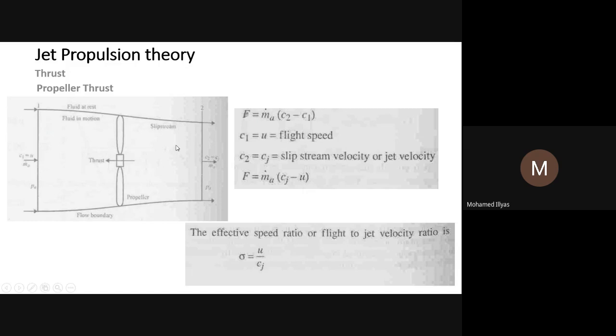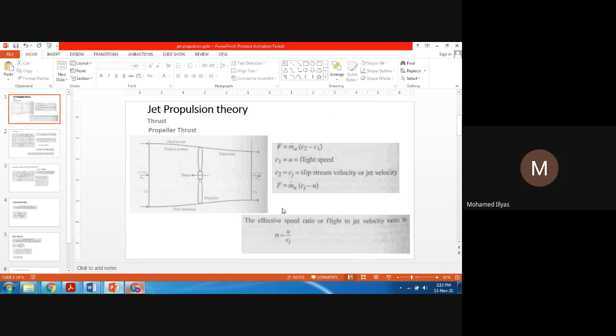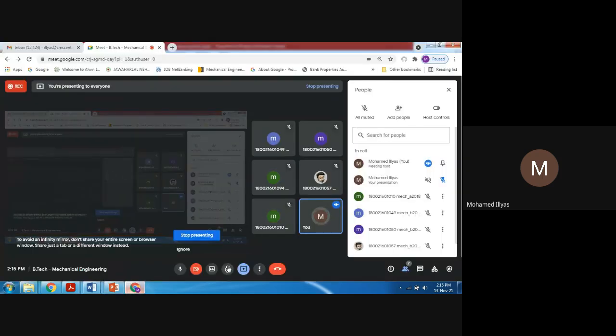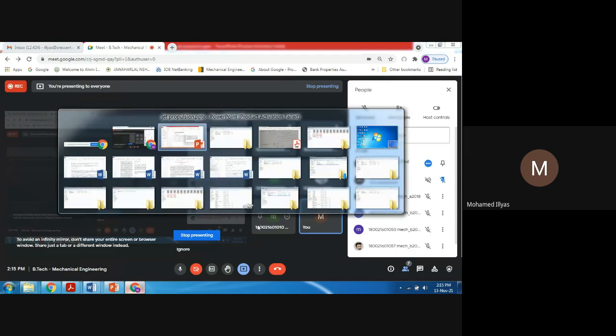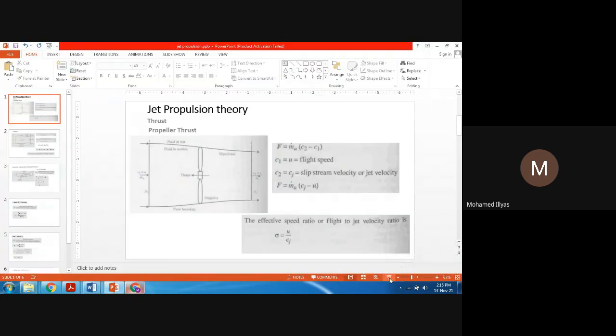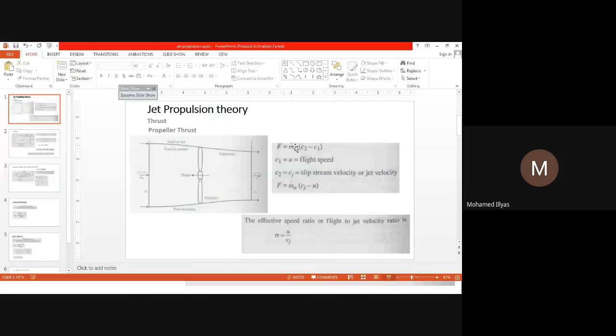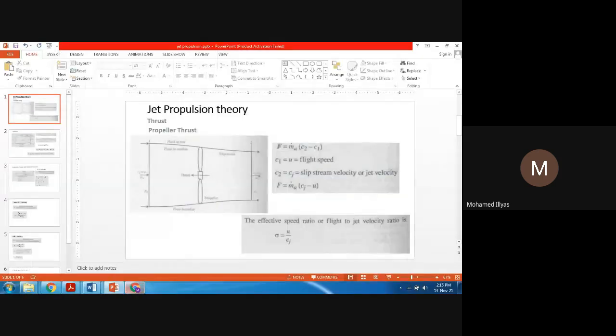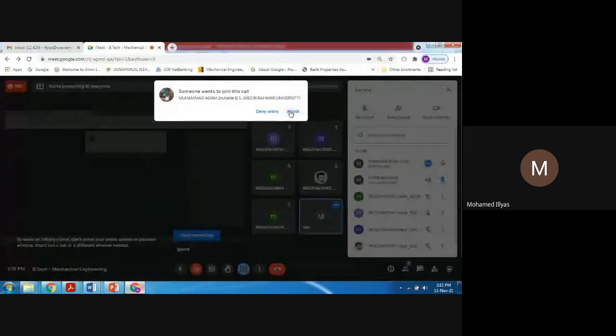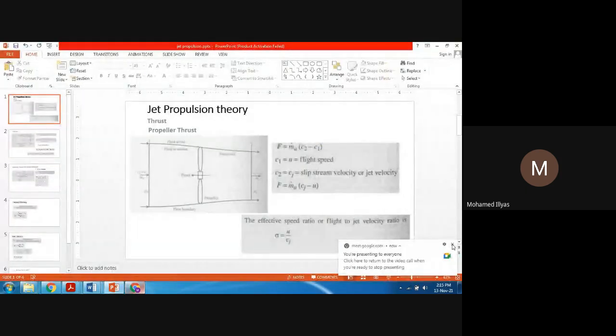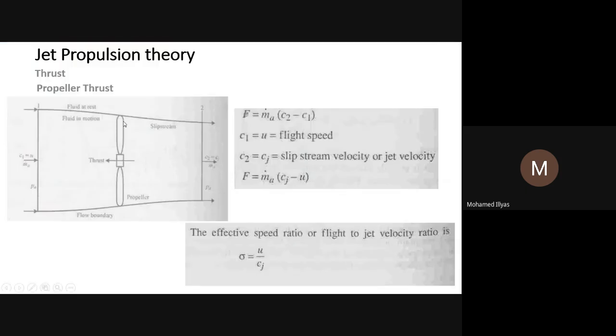The rise in velocity is not that significant. The rise in velocity is only due to the propeller rotation. When the fluid just crosses the propeller blades, its energy is transferred to it.